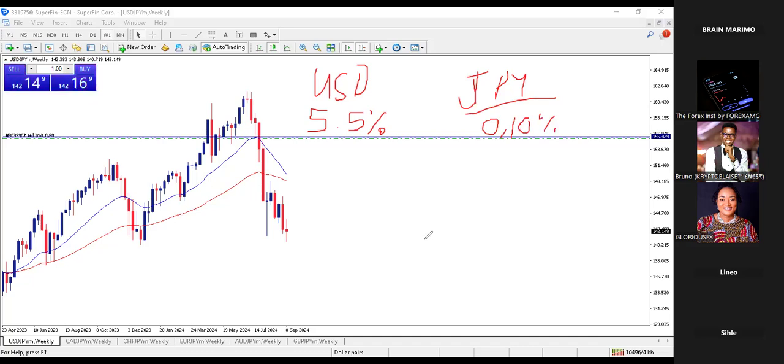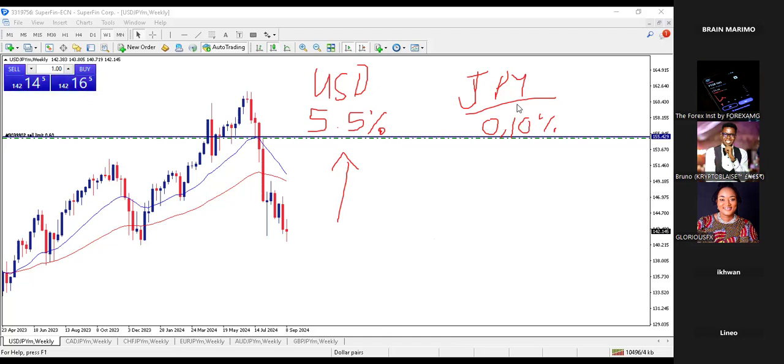Now, if you are an investor, where would you want to put your money? USD. This is where you want to put your money, because the returns are much more attractive compared to 0.10.